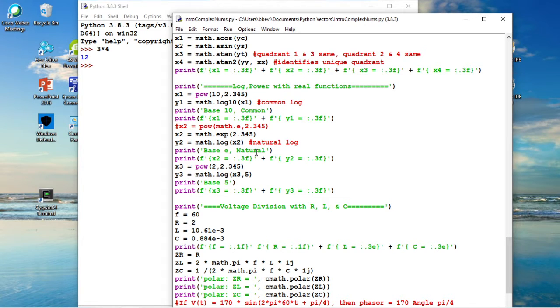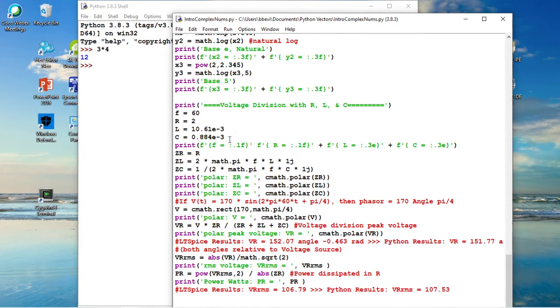So don't get hung up on that. Like I say, there are far more important uses of the natural log than the common. In electronics, we use log 10 a lot in communication theory, but for the most part, the natural log is the powerhouse of logs.